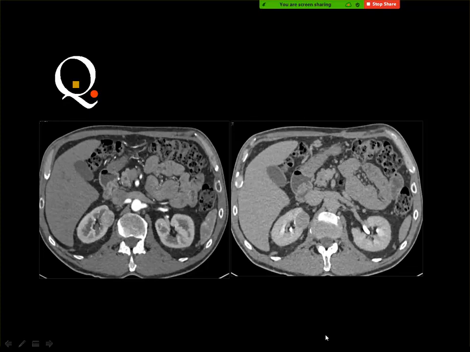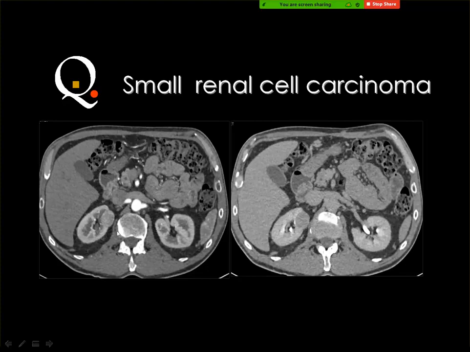Right kidney solid mass, renal cell carcinoma. Very good. And this is at the level of the vertebra. Where? Here? The right image. This one? Yes, this is the level of the disc. Okay. Yes, and this is the edge of the vertebra, and this is the level of the disc.